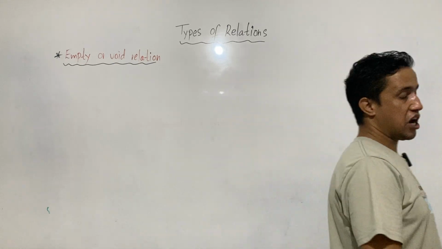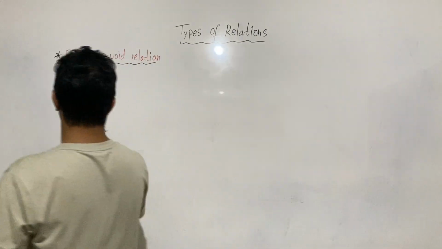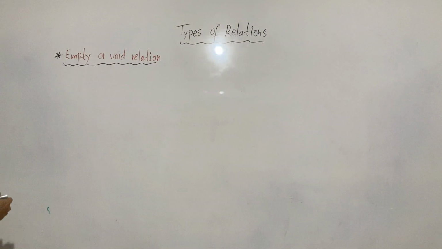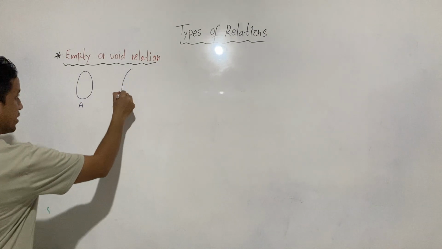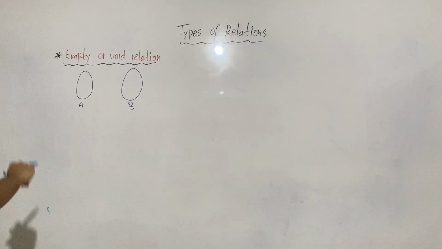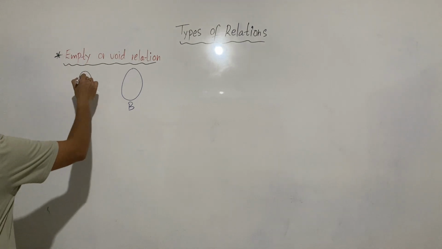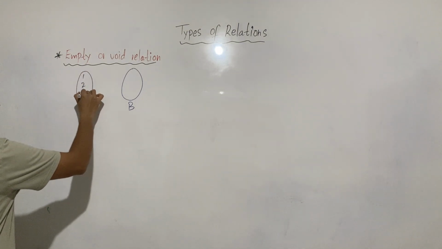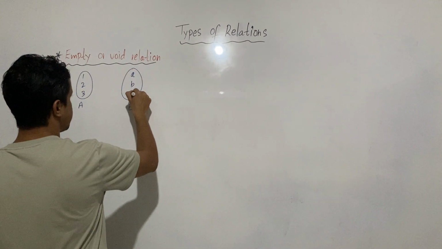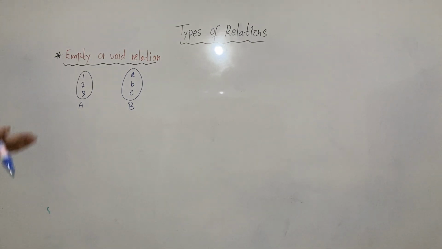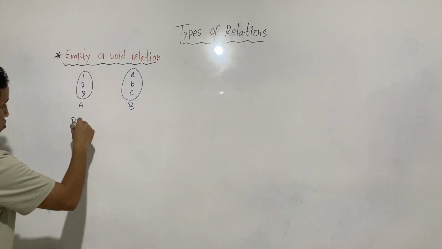Let's say a relation is defined from set A to set B. This is my set A and this is my set B. In set A, I have elements 1, 2, 3, and in set B, I have elements a, b, c.